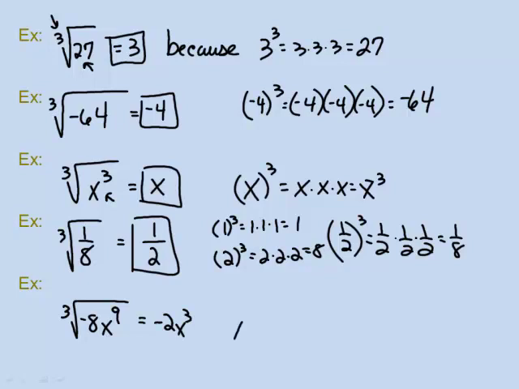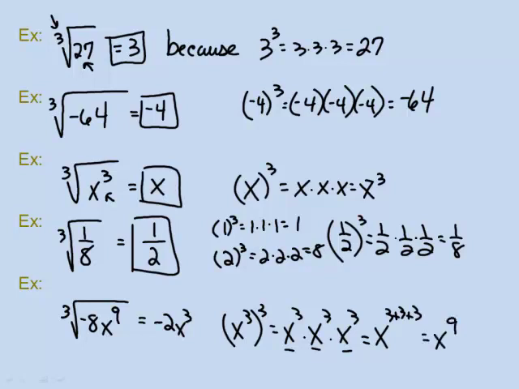Okay, x cubed cubed is the same as x cubed times x cubed times x cubed. And remember, the rule for multiplication with like bases is you add the exponents. So 3 plus 3 is 6 plus another 3 is 9. That is x to the 9th.